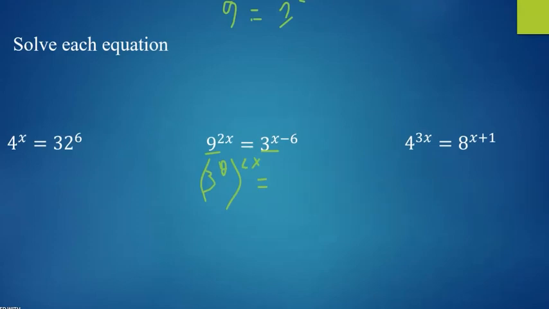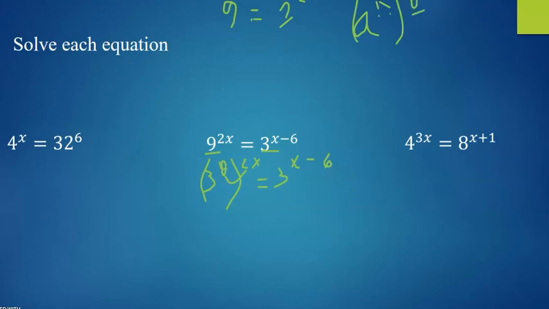3x minus 6. Now when we multiply the 2 by the 2x, what will it give us? It's just multiplication, okay? Exponent, this is a rule. A to the n, in the exponent of b, yes?